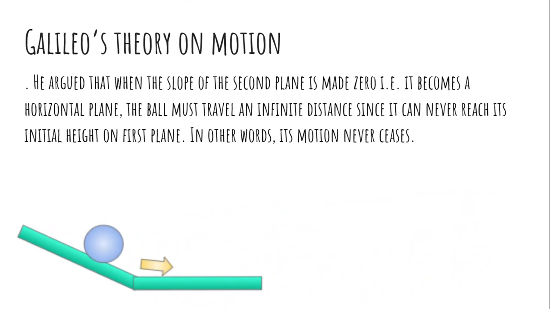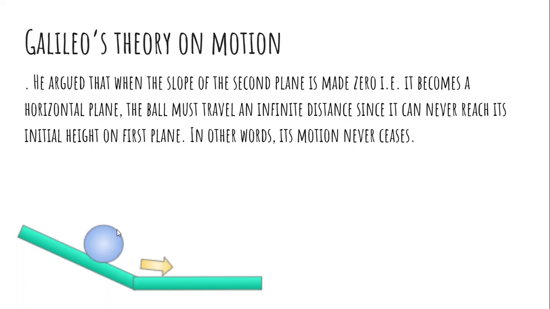And next, here is the theory on motion, and for that we have this picture down there. He argued that once the slope of the second plane is made zero, it becomes a horizontal plane, and the ball must travel an infinite distance since it can never reach its initial height on the first plane. In other words, motion never ceases.